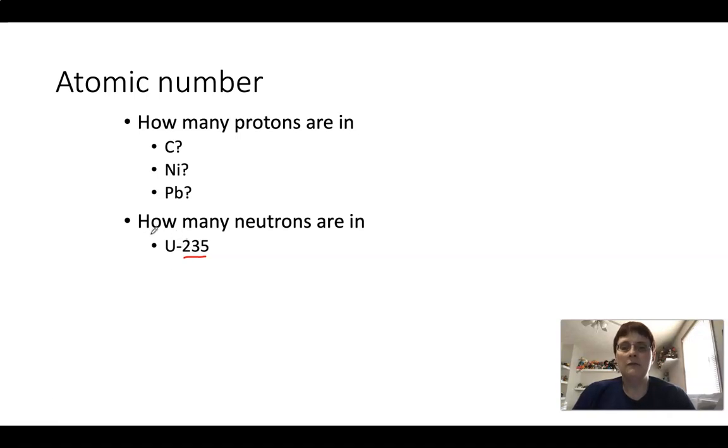You're going to find the atomic number for uranium, subtract it from 235, and that will tell you how many neutrons there are. Vanadium, you look that one up, and then aluminum. I will post in a separate video how to find these.